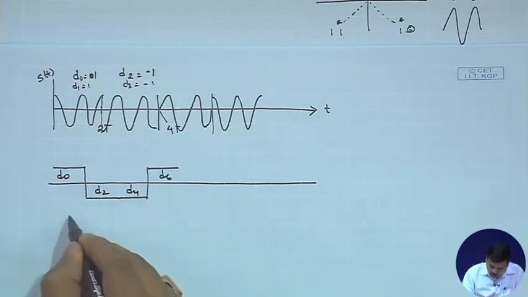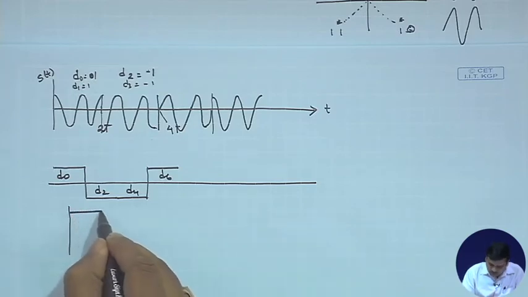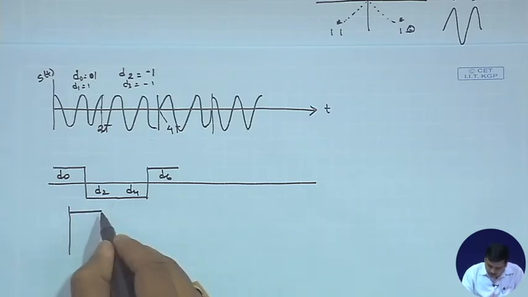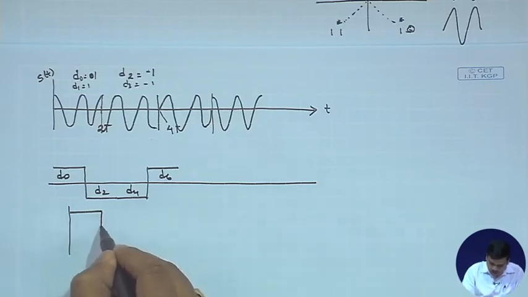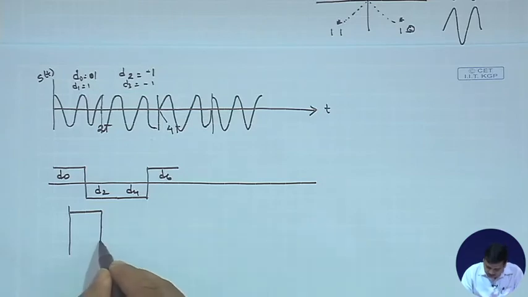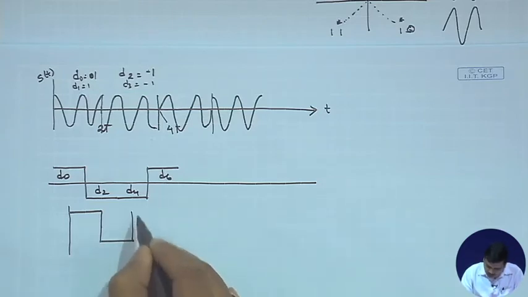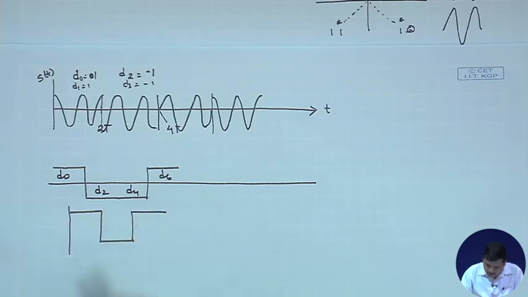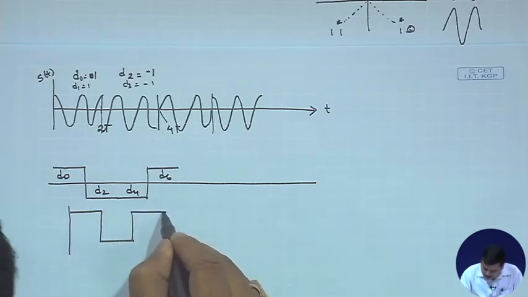And the other signal that we have is D1, and D3, D5 and D7.